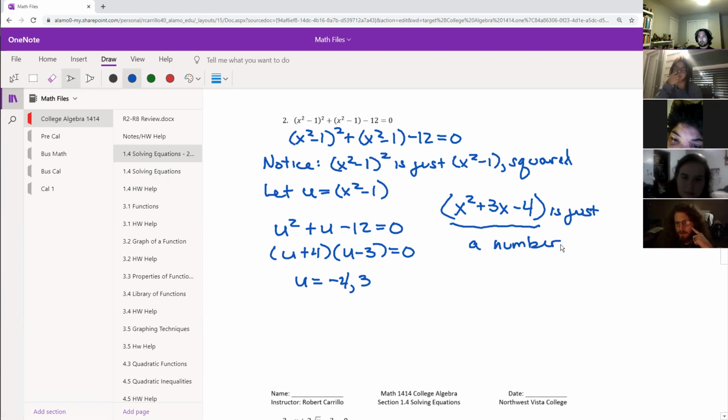Because if we plugged in something for x, say we let x equal 1, then you would get 1 squared plus 3 times 1 minus 4. So that's 1 plus 3 minus 4, and that's 0. So this whole thing just represents one number.